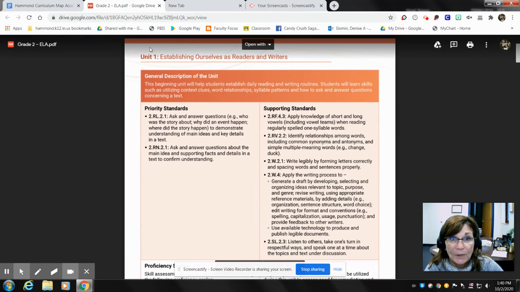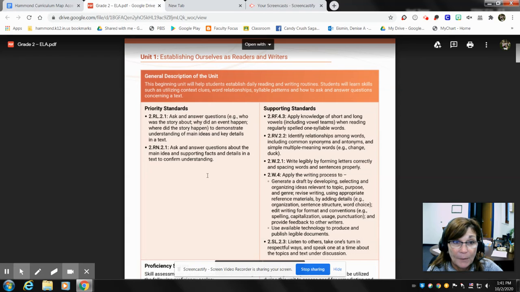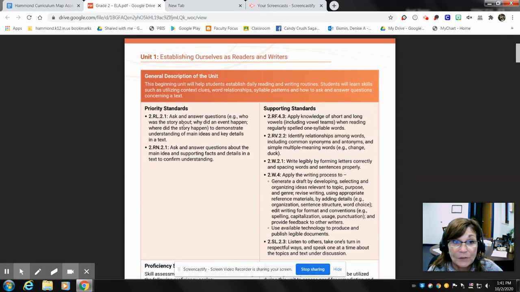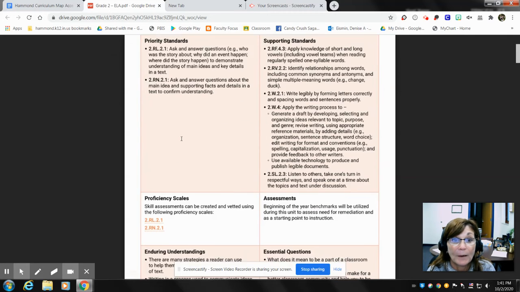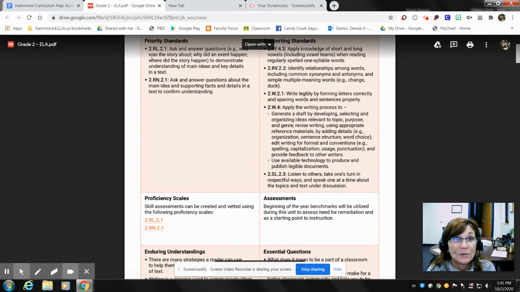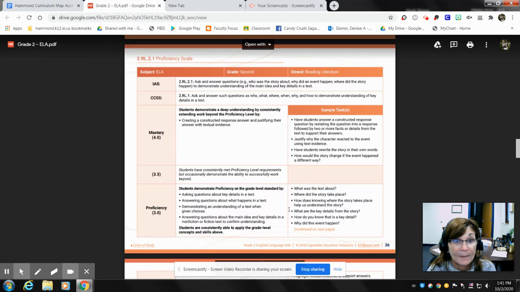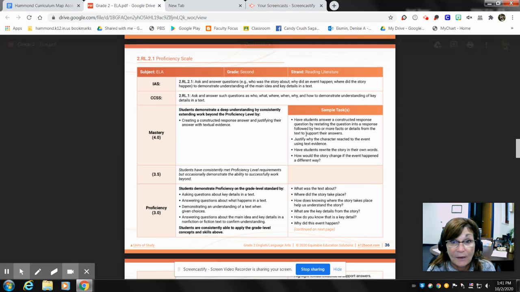So the first unit for second grade is establishing ourselves as readers and writers. There are two priority standards here. As you can see, there's some supporting, but we're going to focus on these priority standards. And if you're wondering how you're going to assess 2RL 2.1, there are proficiency scales that you click on, and it takes you to the proficiency scale with sample tasks and questions.